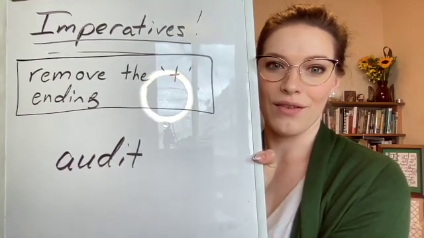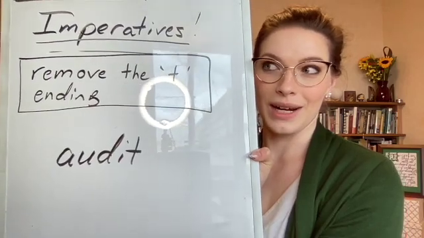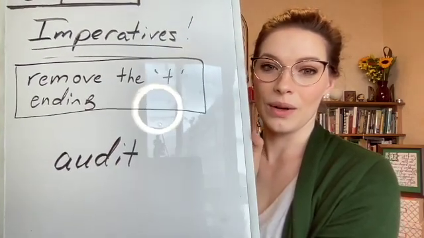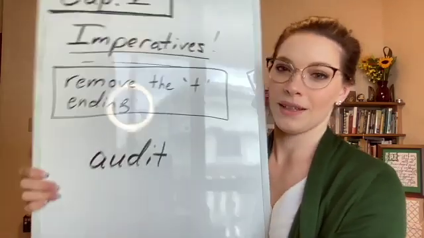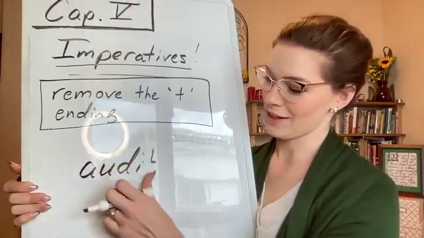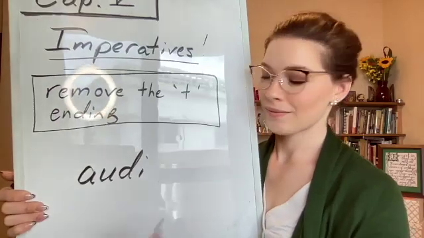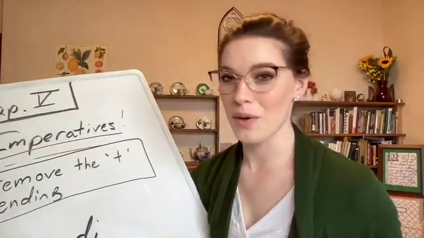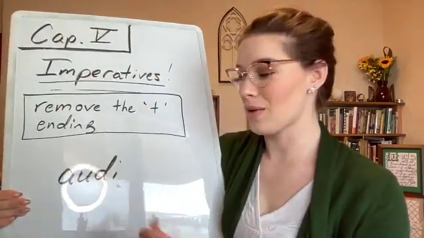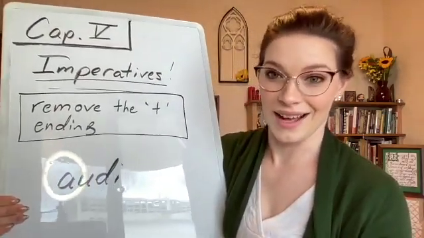Okay, 5, 4, 3, 2, 1. Boards up. The imperative is just audi, like the car. Now, hopefully you've realized at this point, when I'm showing you what the imperative is, all I'm doing is erasing that T, and that's the answer.